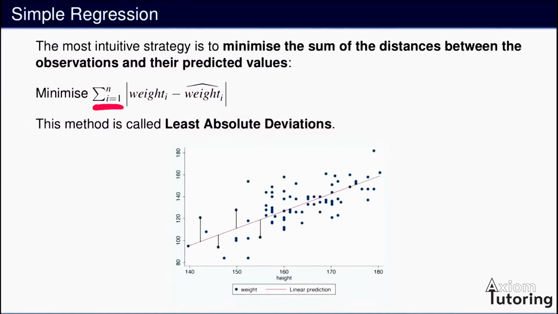We minimize the sum from i equal to 1 to n of the absolute value of the difference between weight and weight hat. So that is the difference between the true value of y, of weight in this case, and the predicted value.